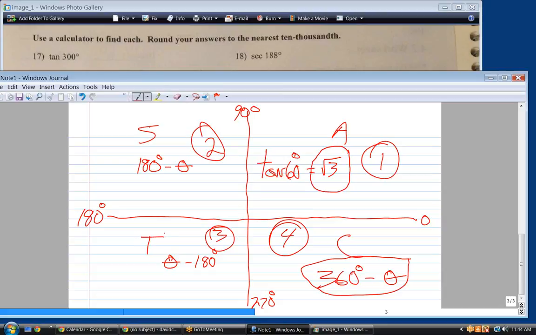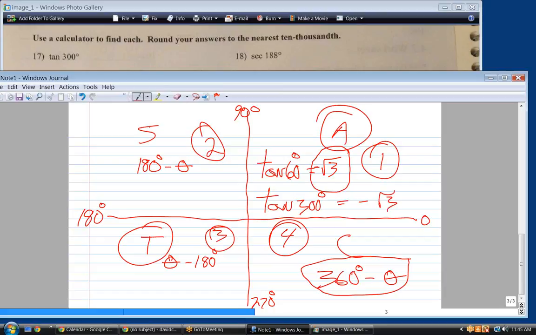It's only plus here and here. The A means everything is plus, but if it's not listed with one of these letters, it's negative. In other words, tangent is negative in the 2nd quadrant. It's also negative in the 4th. So I have to put a negative sign in front of that. So the tangent of 300 degrees is equal to negative root 3.